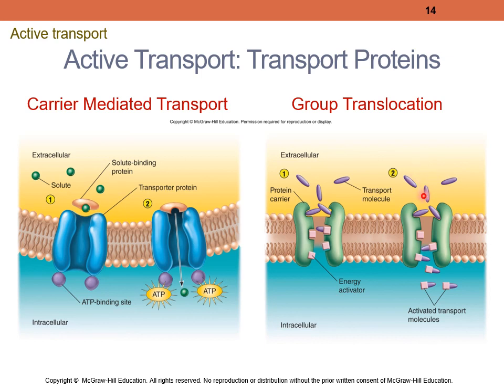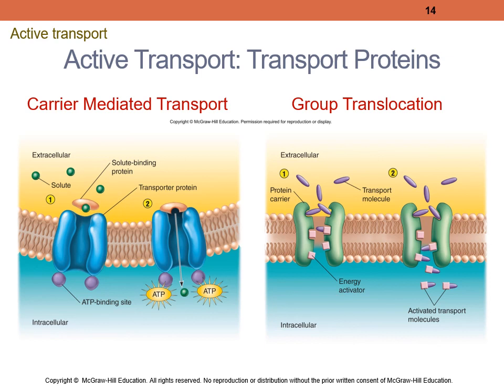As that molecule moves through the carrier protein, it is chemically altered, and this alteration of that solute makes it activated. So the molecule binds to the protein, and as it goes through the protein, it's chemically altered so that once it reaches the inside of the cell, it is active and ready for the cell to use.